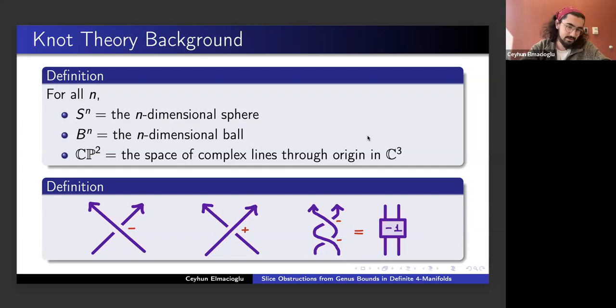The crossing on the left is negative, the one in the middle is a positive crossing. You can find it with the right-hand rule. And when we have, let's say, two negative crossings, then we say that it's a full negative twist. So sometimes we call a negative crossing also a negative half twist.